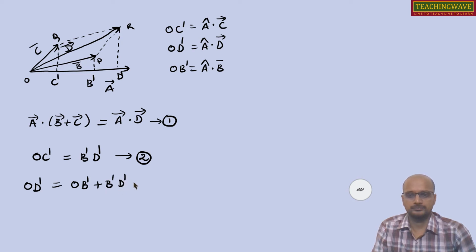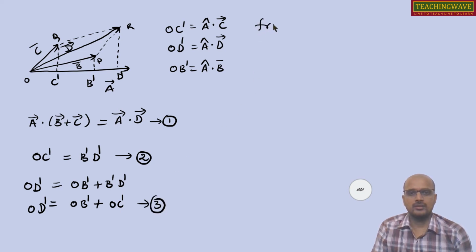From equation 2, we can write B prime D prime as OC prime. So OD prime is equivalent to OB prime plus OC prime. Let us treat this as equation 3.